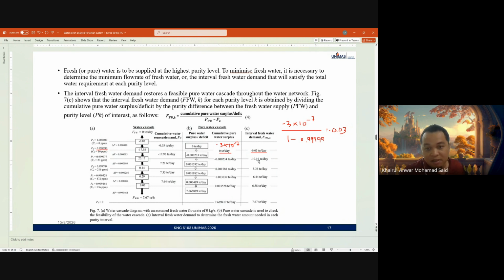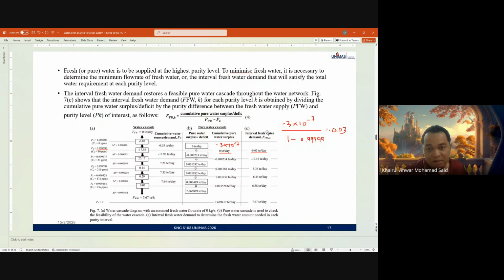How about 10.16 tons per day? This value is actually calculated by negative 0.000234 ton per day divided by 1 minus 0.99997. Then you get negative 10.16 tons per day, and do the same for the rest.